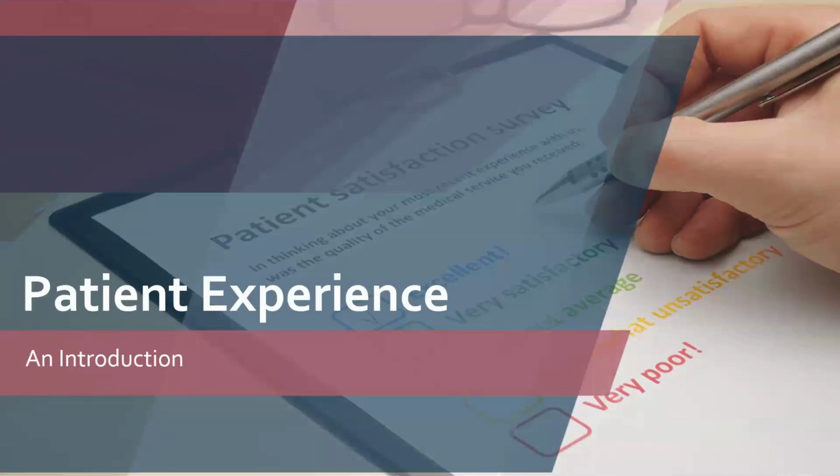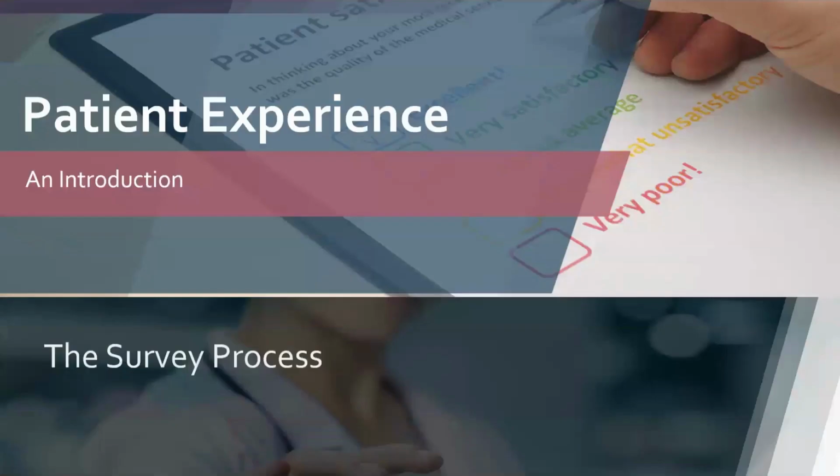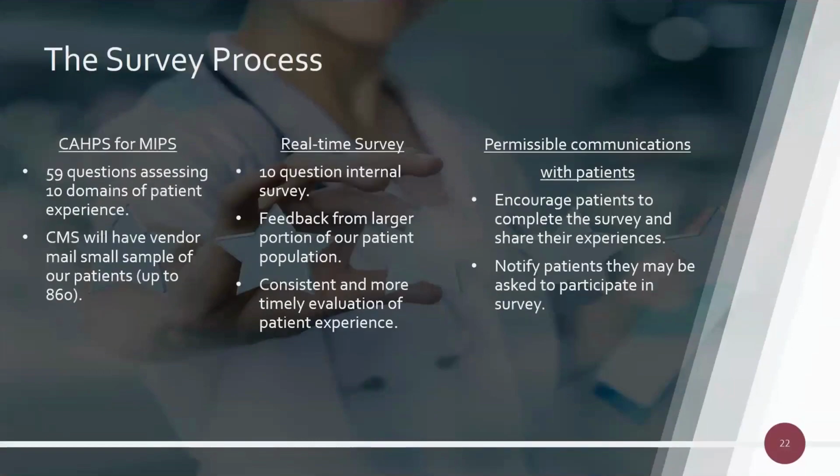In this segment, we will be introducing to you CHP patient experience. The patient experience at CHP focuses on two components, CAHPS for MIPS and real-time survey. CAHPS is a CMS MIPS survey that consists of 59 questions assessing 10 domains of patient experience.